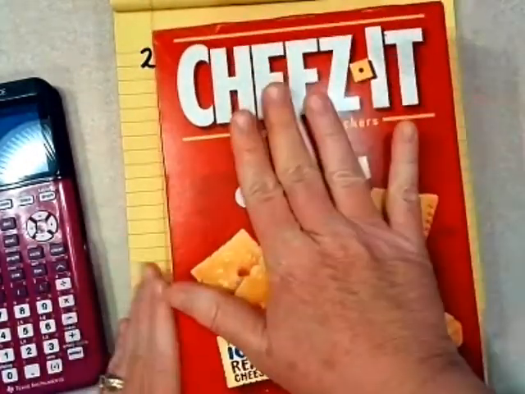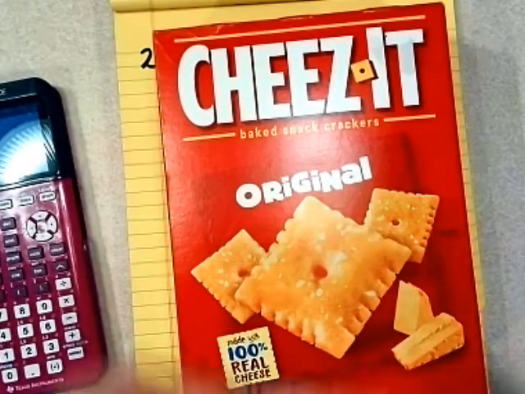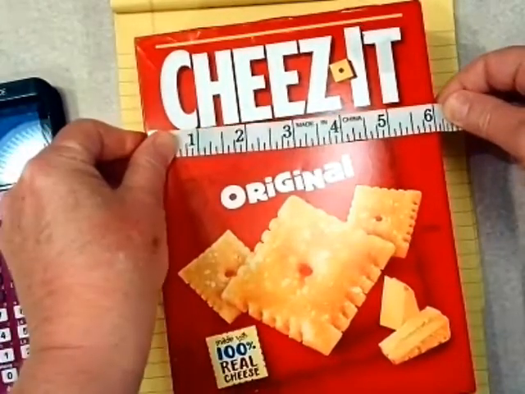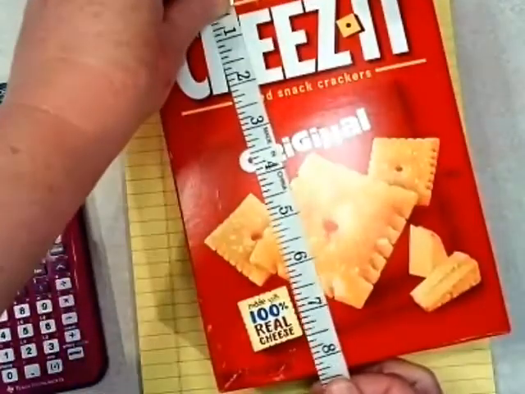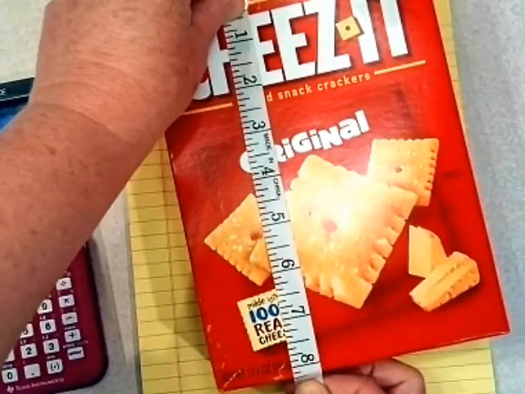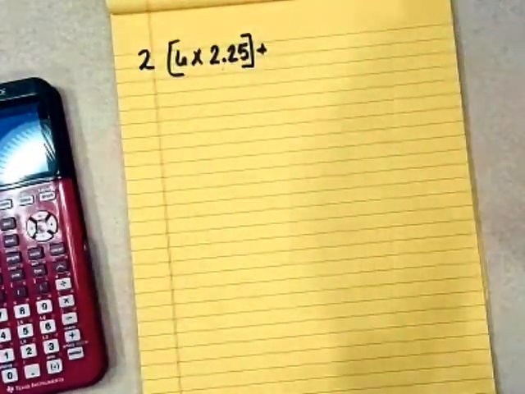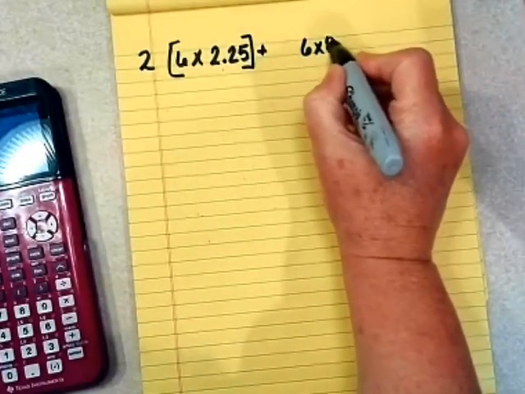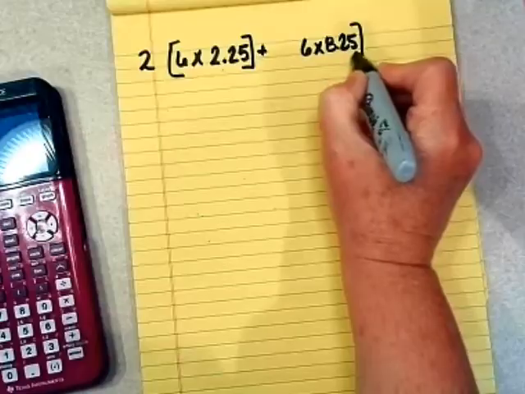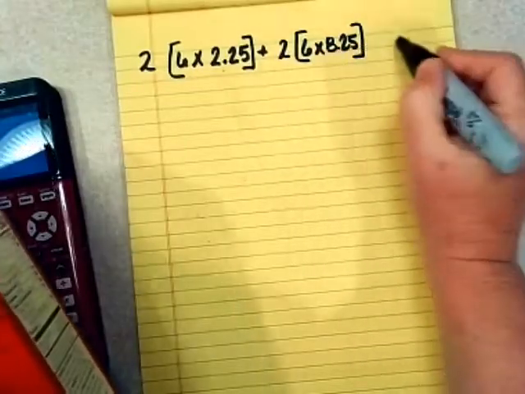And then I'm going to talk about the front. I'd call that the front, and it has a width of 6 and a height of 8 1/4. Should be the same dimensions we got a while ago. So it's 6 times 8.25, and again I have this side and this side that should measure the same, so there's 2 of those.